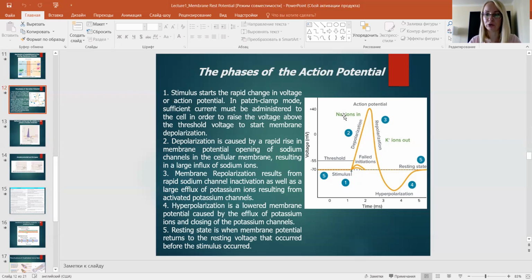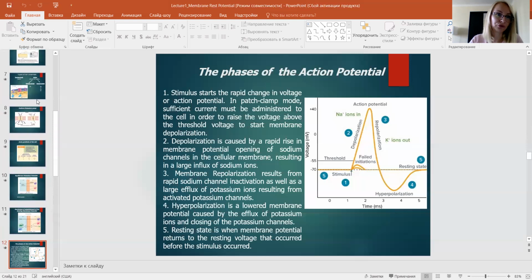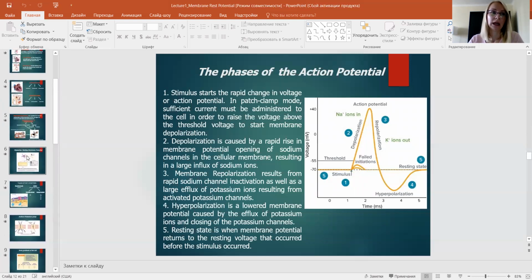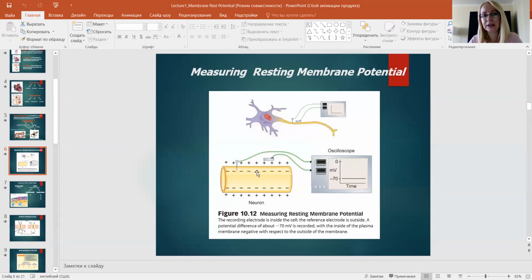I will recall that previously we were talking about the resting membrane potential, and we said that when the cell is in the state of rest, negatively charged ions predominate inside of the cell and positively charged ions outside.